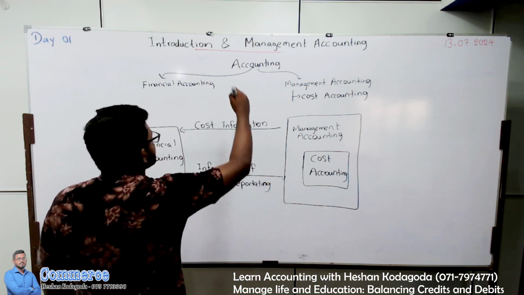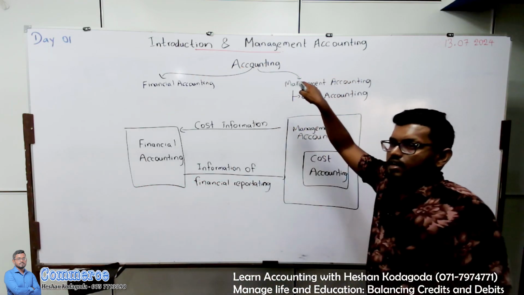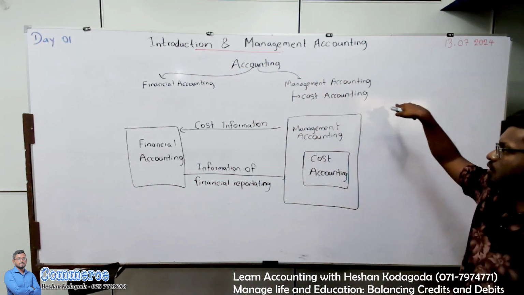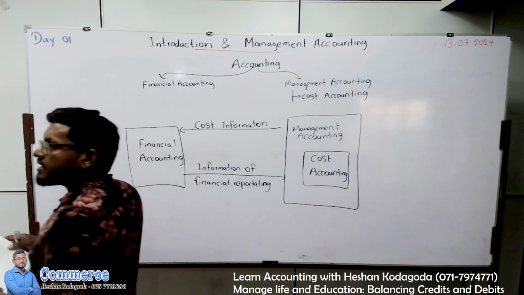Okay, first write this part: accounting, financial accounting and management accounting, and under that write cost accounting. We haven't written this. After that, draw this and raise your hands.